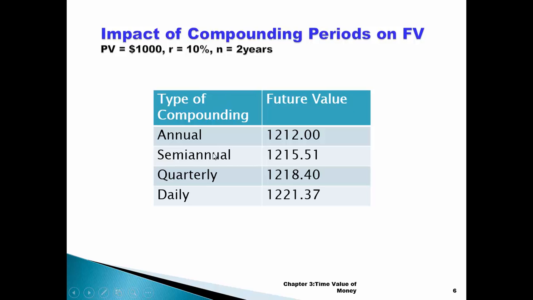If you look at how it calculates out for 2 years, annual would be 12.12%. Semi-annual is 12.15, 12.18 for quarterly, and daily you'd end up with $1,221. So obviously you end up with a greater amount of earnings over the time frame if you compound more frequently.